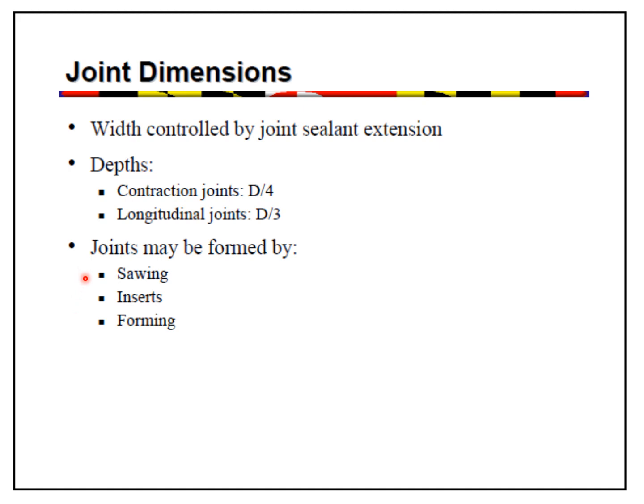Sawing is when a special cutting tool is used to develop the joint in the concrete slab. Inserts are special arrangements placed in the concrete slab to generate the joint, and forming means proper formwork is provided to develop the joint.